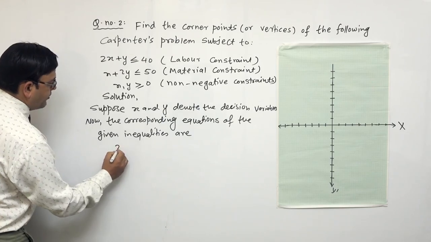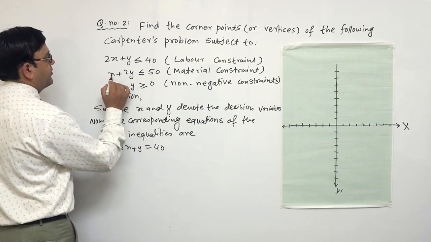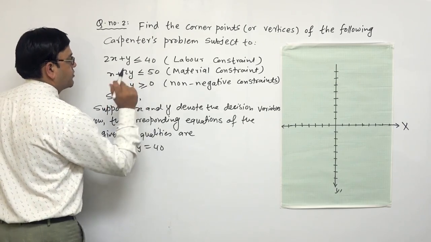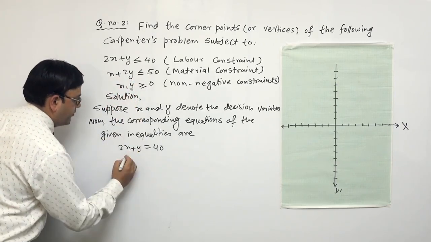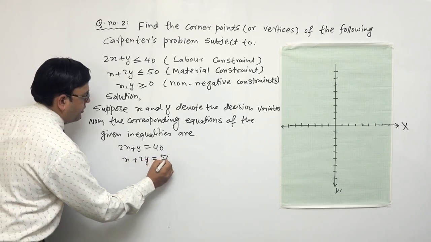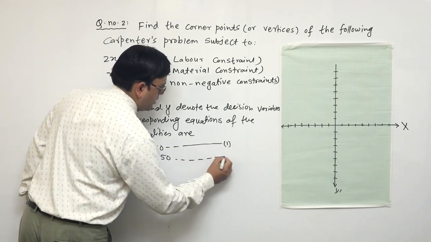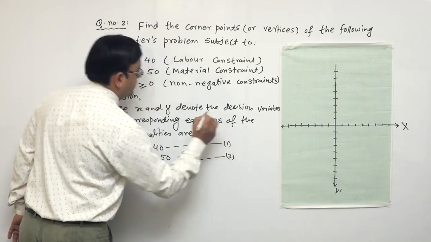So we have to write the equation 2x plus y is equals to 40. Similarly, this is x plus 2y is less or equals to 50. So this equation is x plus 2y is equals to 50. We can suppose this is equation 1 and this is equation 2.